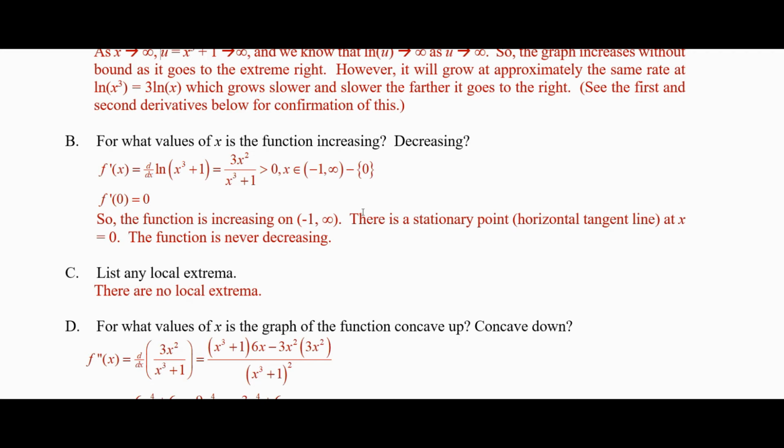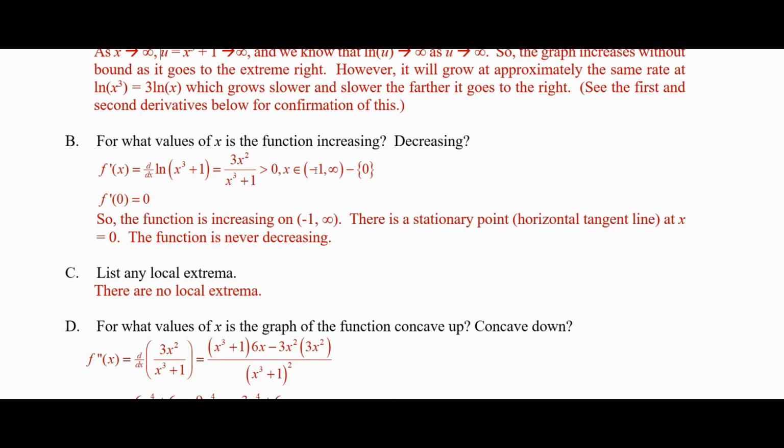We want that to be positive if the function is going to be increasing. The x squared is going to be positive or 0 no matter what. 3 times that's still positive or 0. So it's going to be positive when the denominator is positive, and that's going to be anything greater than -1, except the top is 0 here when x is 0.